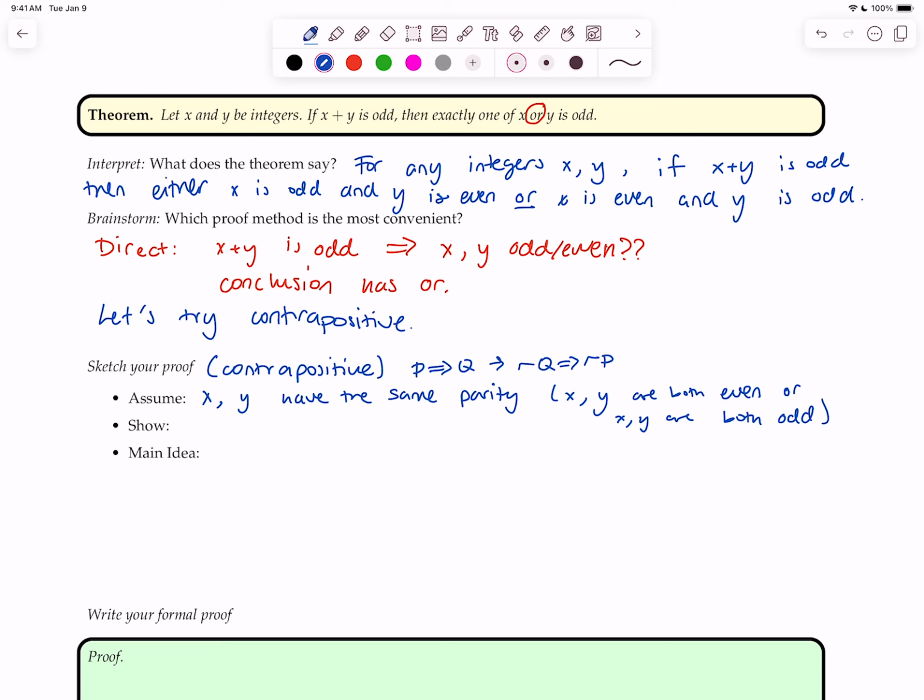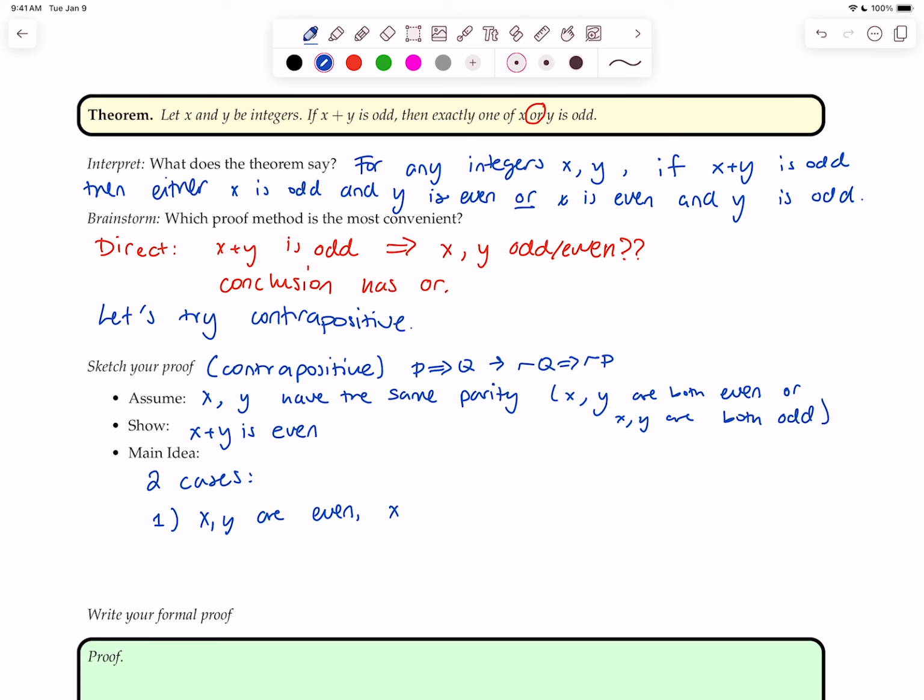So what do we end up wanting to show? Well, by contrapositive, we need not P, so not the conclusion. So we need to show that x plus y is not odd, which most people just say even. So we need to show that x plus y is even. Okay, that's not bad because we know how to show something's even. We need to show that it's 2 times some integer. So the main idea is we need to do 2 cases here. The first case is when x and y are both even.